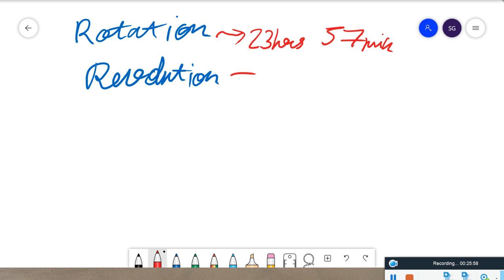And the revolution period means, we consider 365 days in a normal year, and 366 days in a leap year. And don't forget that after every 400 years, in century years, that is 1500, 1600, 1700, it is considered a leap year only if it is divisible by 400, not 4.